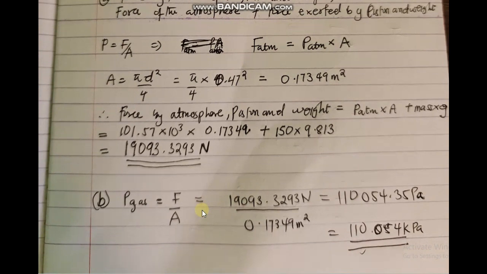So when you solve that, you should get 110,054.35 pascal. They say we should convert it to kilopascal. So converting it to kilopascal will give you 110.054 kilopascal. Okay, yeah, so that's that.